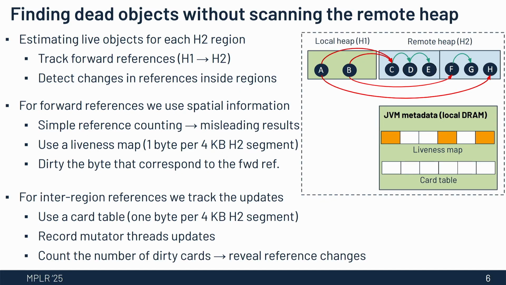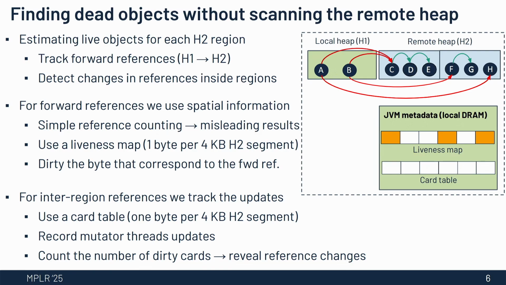Next, for the inter-region references, we track the updates by the mutator threads. To do that, we use a card table for H2, where each byte again maps a 4 kilobyte segment of H2, and we instrument the post-write barriers of the interpreter and the JIT compilers to record mutator updates.